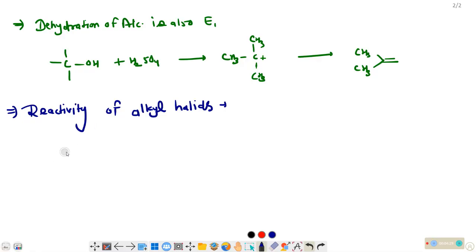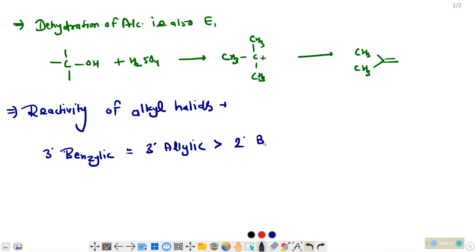Like if we have any benzylic carbocation, it will be equal to a 3 degree allylic carbocation, and it will give the highest rate of reaction.